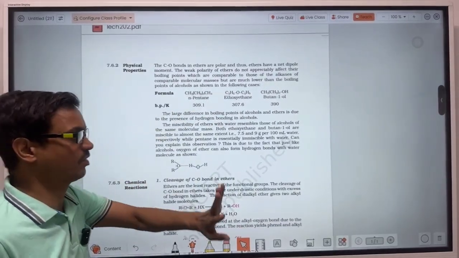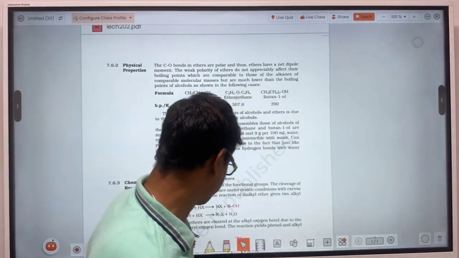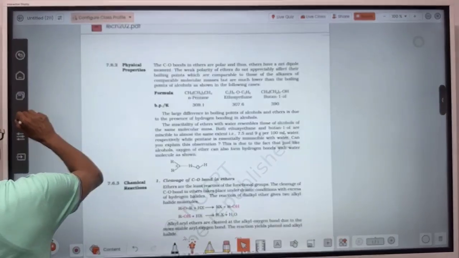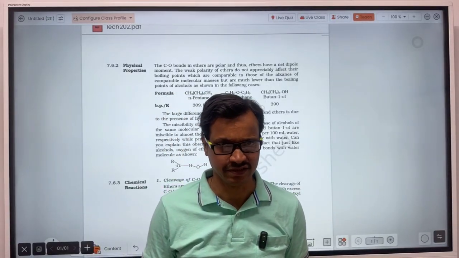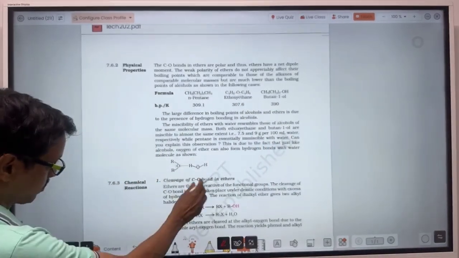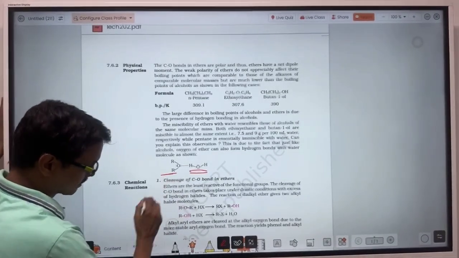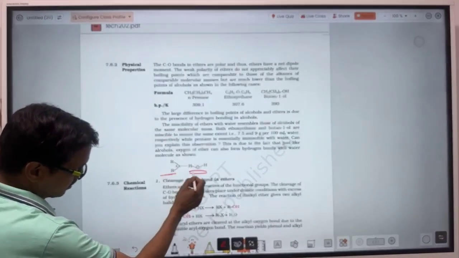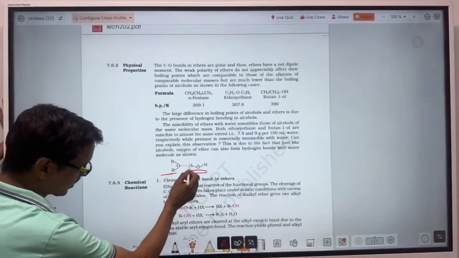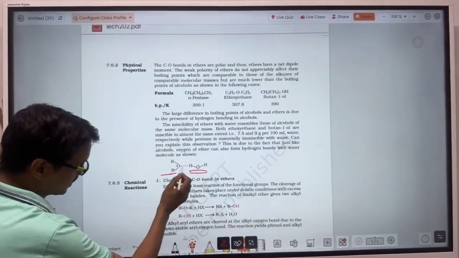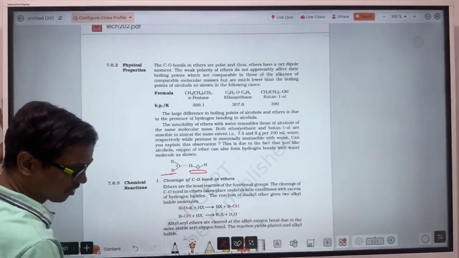Now physical properties, you are already aware about the physical properties here, but ethers are miscible in water. Miscible in water means a very small amount of ether could dissolve in water, because there will be hydrogen bonding between the water molecule and the ether. Here oxygen has a lone pair, and in water the hydrogen of the water molecule will be electrostatically bonded to this oxygen.